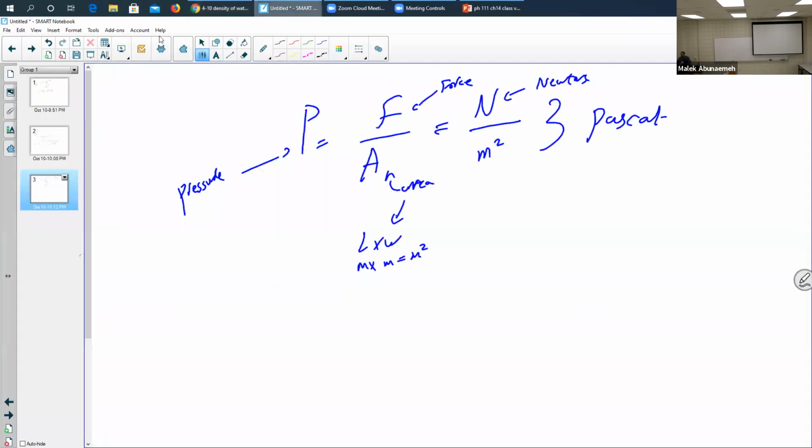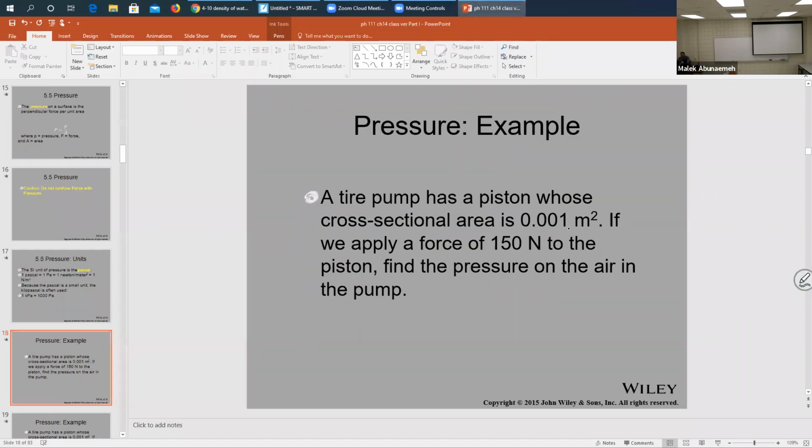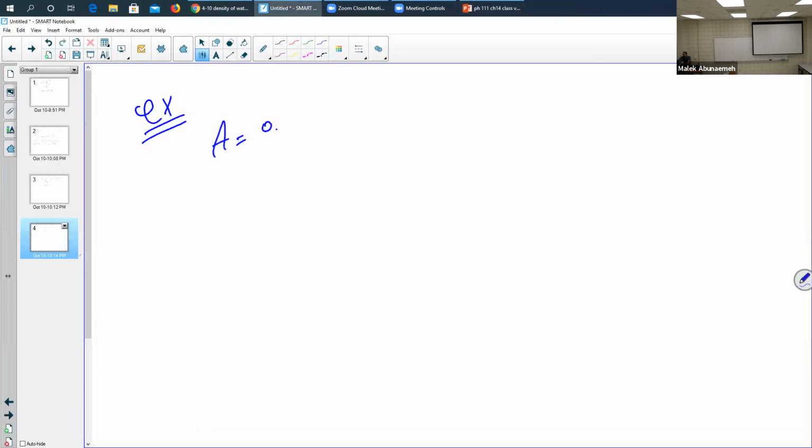We have an area of 0.001 square meters and a force of 150 newtons, and we want to find the pressure.